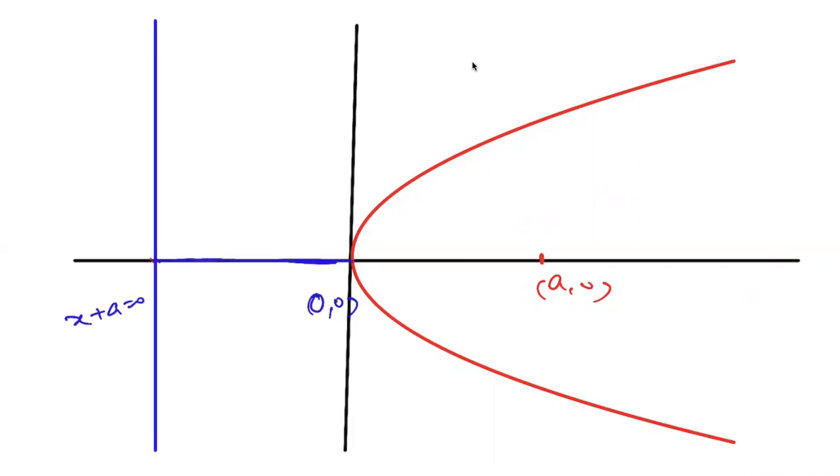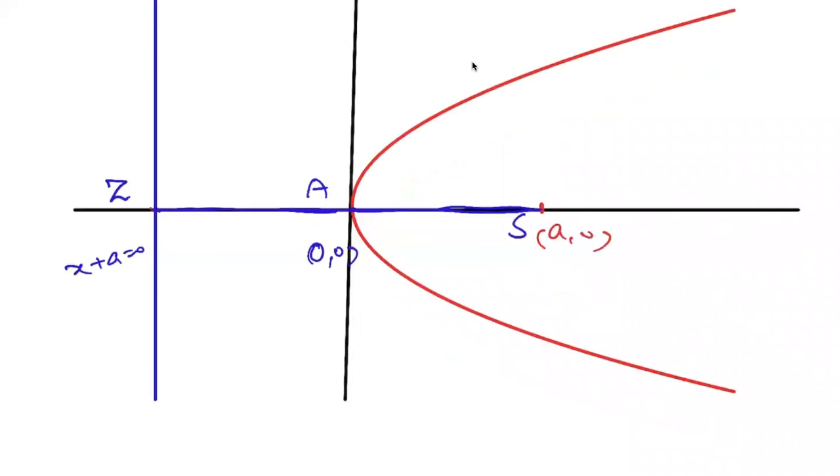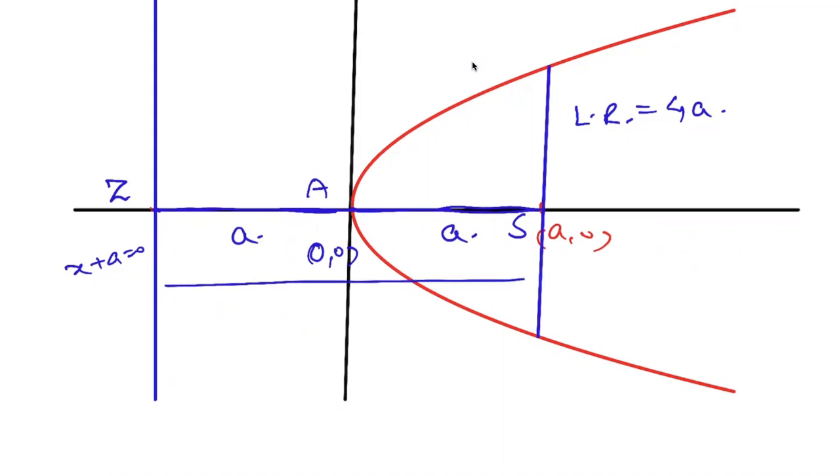This length is a, this length is also a. So this is A, this is S, this is Z, and this is LR. The length of LR is 4a, the length of AS is only a, the length of ZA is only a, and the length of ZS is 2a.